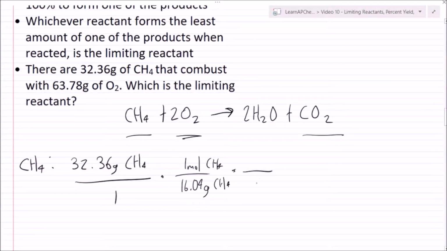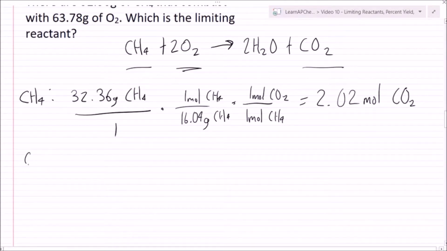And then here, convert this to moles of carbon dioxide. And I in fact see that this comes out to 2.01712 moles CO2.